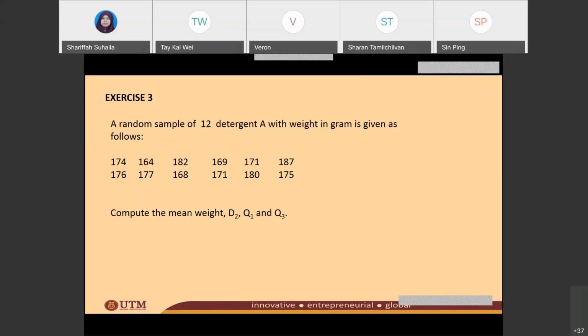Okay, good, Haris, 174.5. Yes, correct. That is your sample mean. So you just write X bar is equal to 174.5.